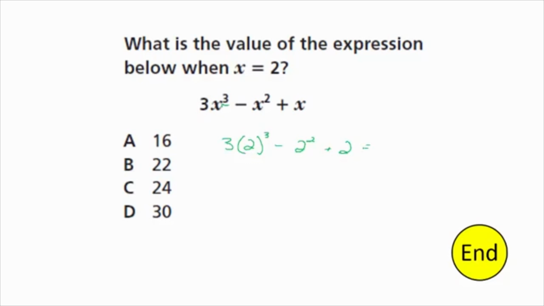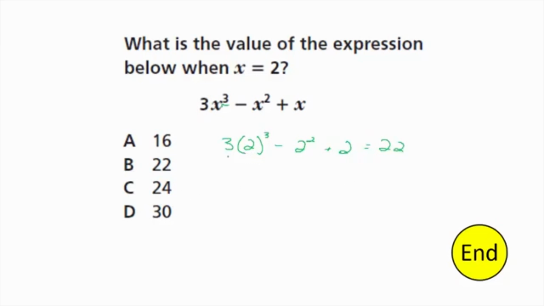My calculator does that. I'm not sure that yours does, but 3 times 2 raised to the third minus 2 squared plus 2, I'm getting a value of 22 here.